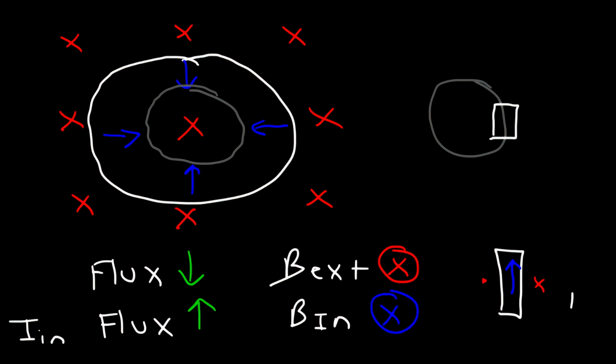And if we reverse it, let me draw this somewhere else. If the current is going down, then the magnetic field is going to be out of the page on the right side, into the page on the left. X is into the page, this dot is out of the page.